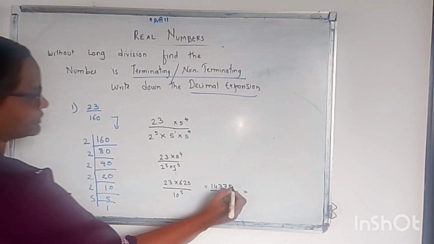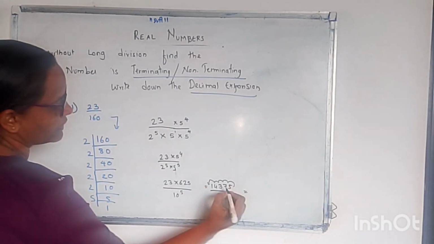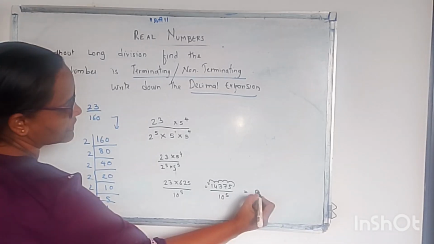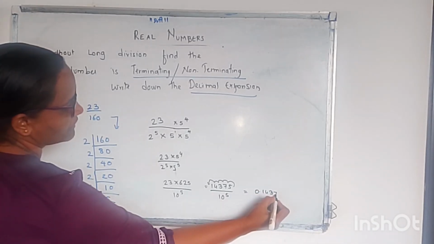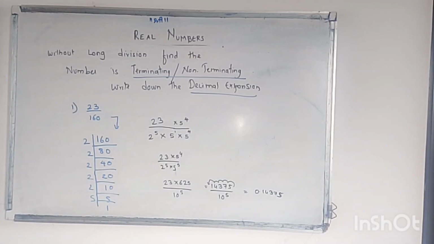So the decimal point will come here. So this is 0.14375. Isn't it easy to solve? These are some easy methods to solve decimal expansions. So here you have to get full marks.